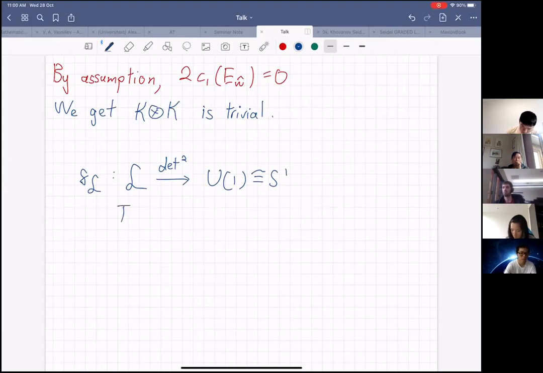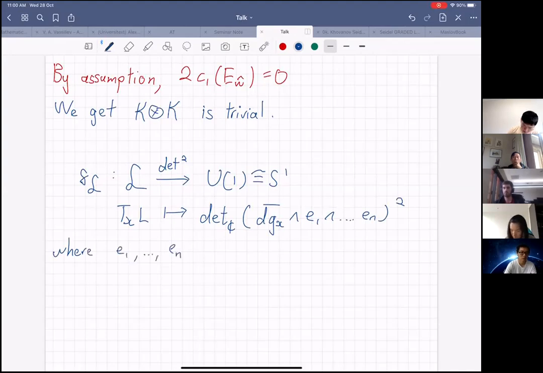It is defined by sending the tangent space into the determinant of dx bar wedge with U1 up to UN, where U1 up to UN is an orthonormal basis of the Lagrangian.